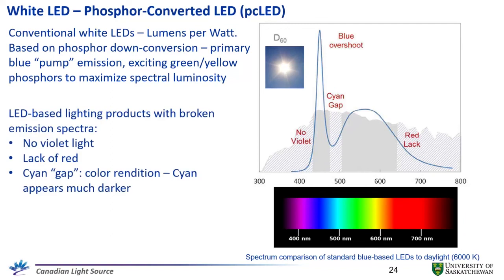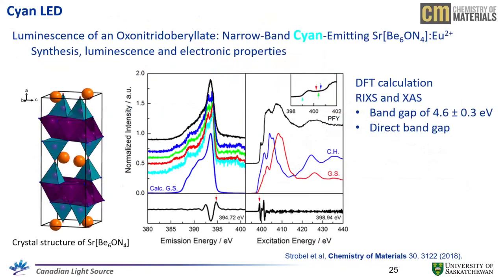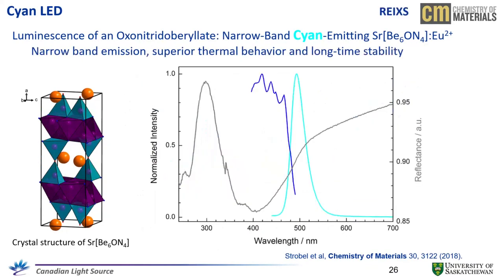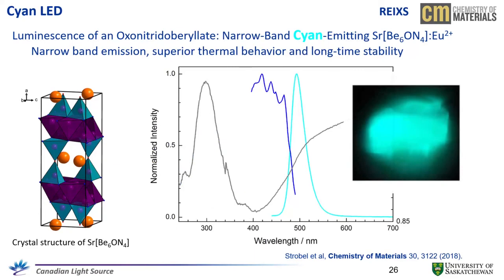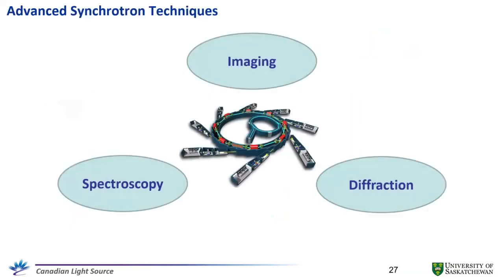So you can see people use X-ray absorption and X-ray emission to measure the electronic structure of this material, and they hope to make an LED material which shows this color. I'm not going to talk too much about it.